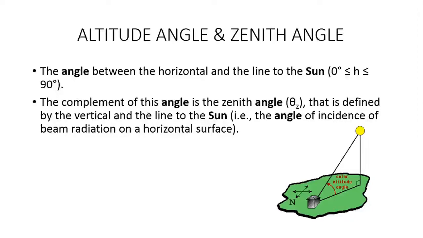So next angles are altitude angle and zenith angle. Consider this figure. The angle between the horizontal and the line to the sun is denoted by the altitude angle. The complement of this angle is called the zenith angle, that is defined by the vertical and the line to the sun, that is the angle of incidence of beam radiation on a horizontal surface.